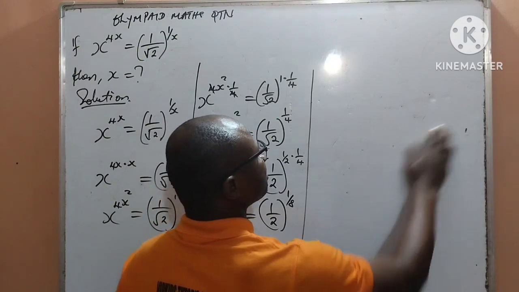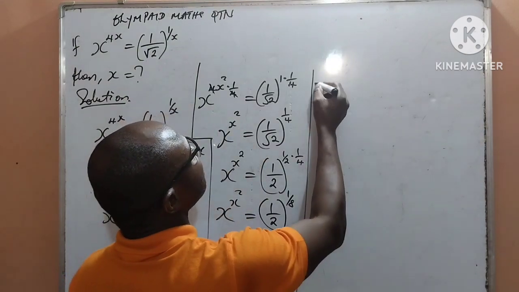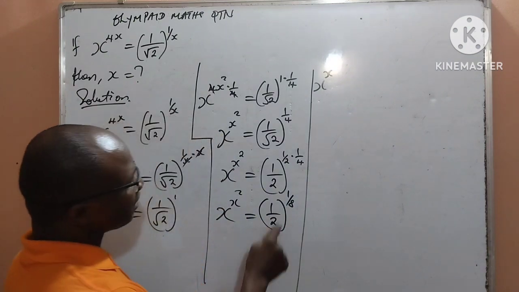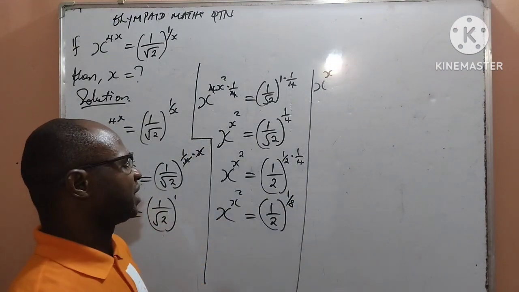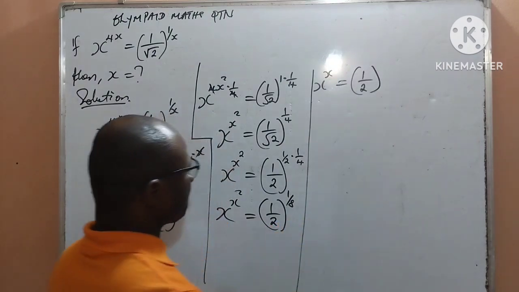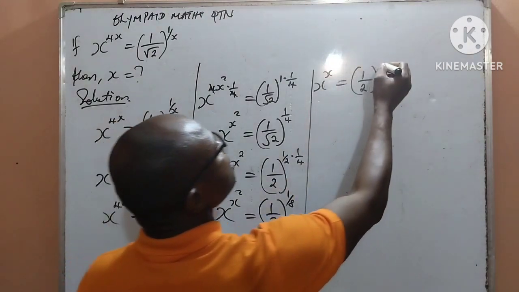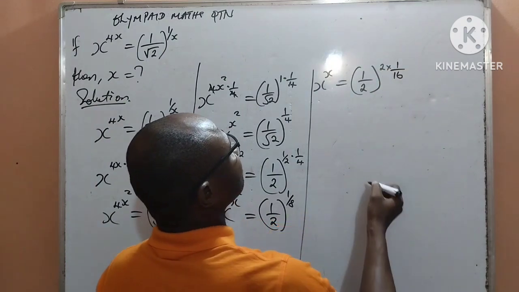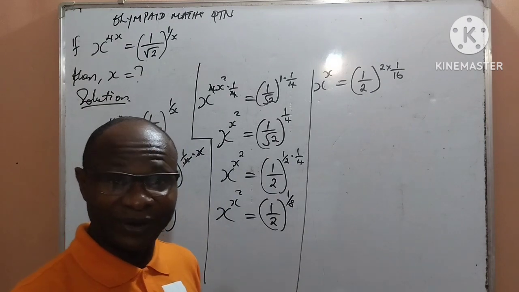Let us erase this. Having x raised to the power x raised to the power 2. Now, let me put it this way: 1 all over 2 to the power of 2 multiplied by 1 all over 16. Okay, what have I simply done?